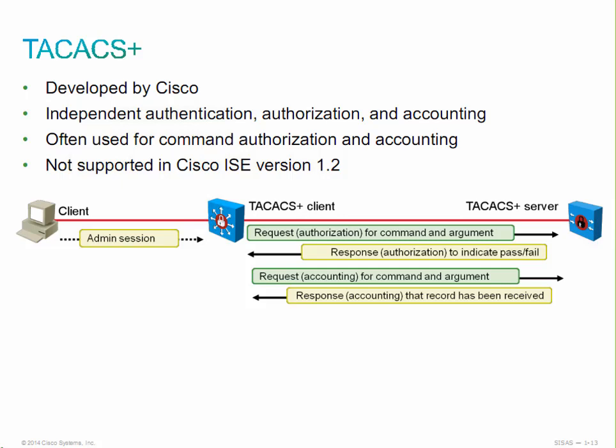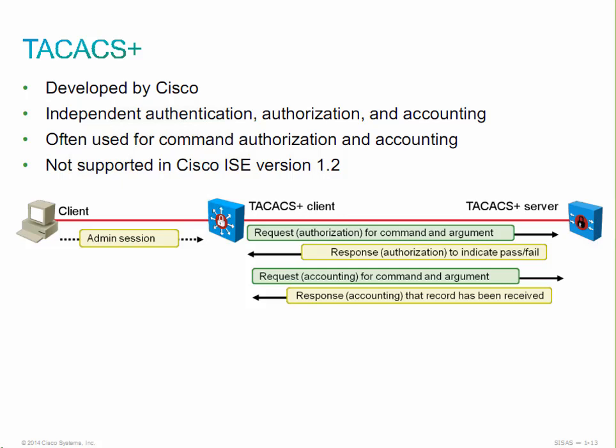Obviously, we know that TACACS Plus and RADIUS have replaced the older versions. TACACS Plus is not compatible at all with the original TACACS or XTACACS. TACACS Plus uses TCP.